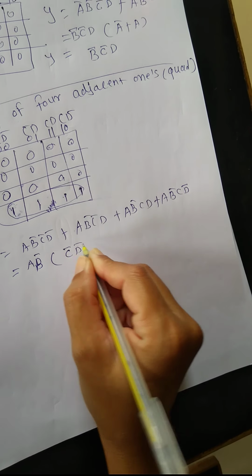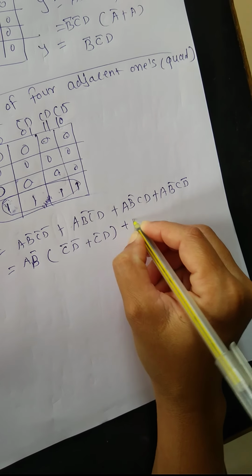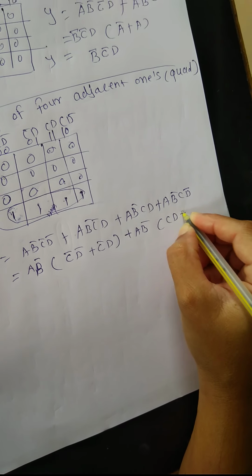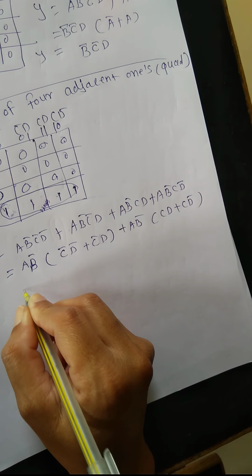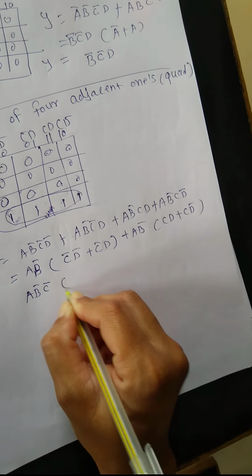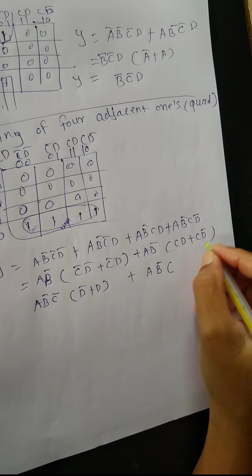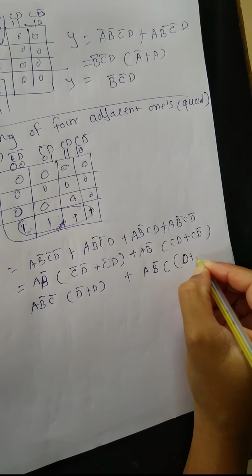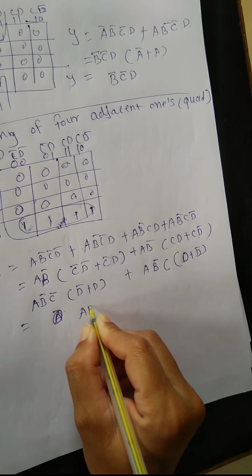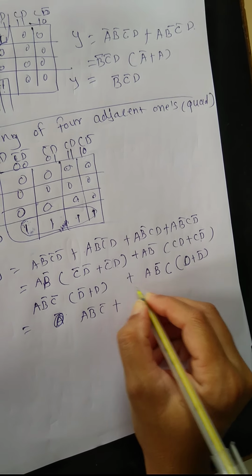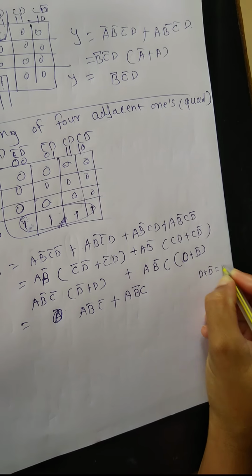From C bar D bar, C bar D, C D, C D bar we get A B bar C bar D bar plus A B bar C bar D, which gives A B bar C bar times D bar plus D. D plus D bar is equal to 1.